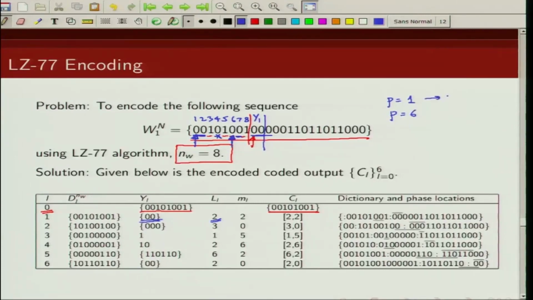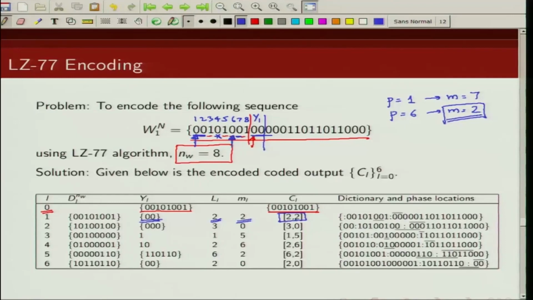Correspondingly m is nw minus p, which is 7, and in this case it is 2. Since this is smaller, I am taking this m. So my code word consists of this length of 2 and the location, which is denoted by this 2.